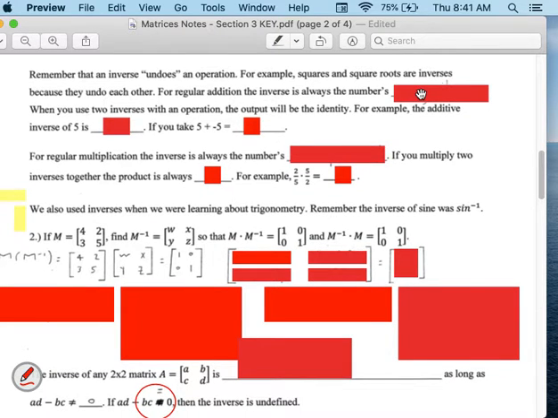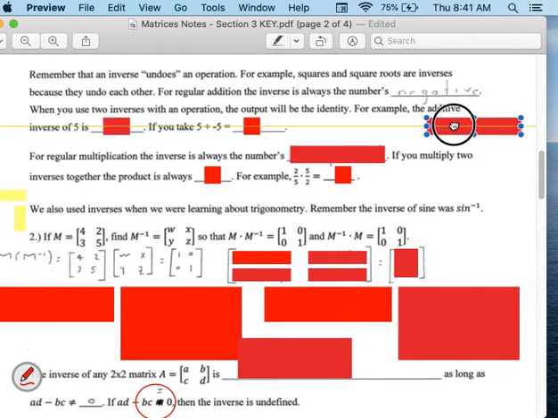For regular addition, the inverse numbers are negative. So, for example, the additive inverse of 5 is negative 5. When we take 5 plus negative 5, we get 0.